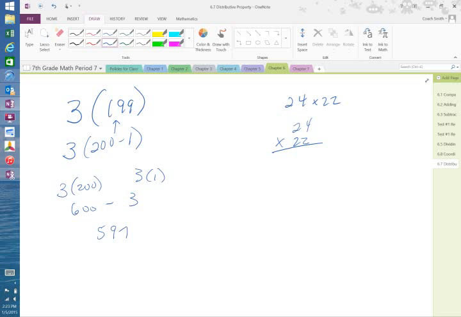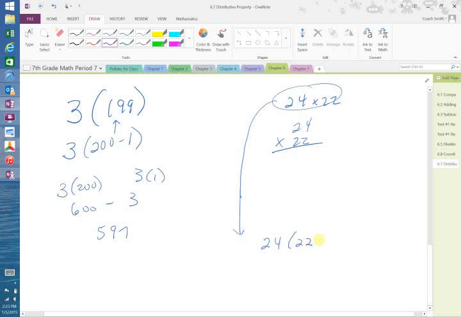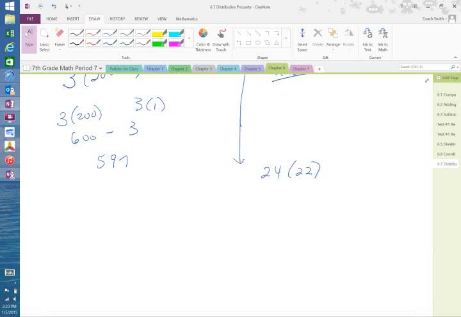Okay? Here's what I'm going to do. I'm going to take this same problem and come down here. 24 times 22. I'm going to use the distributive property. That means I need to break up one of my numbers.